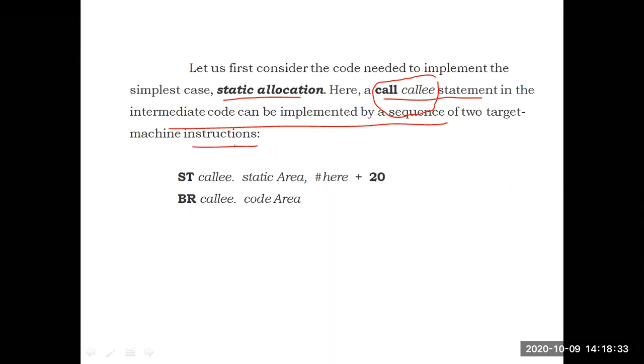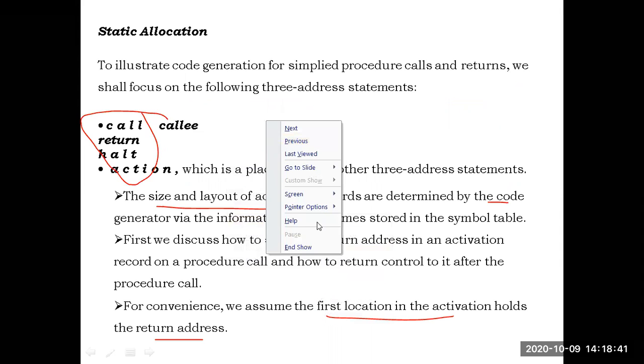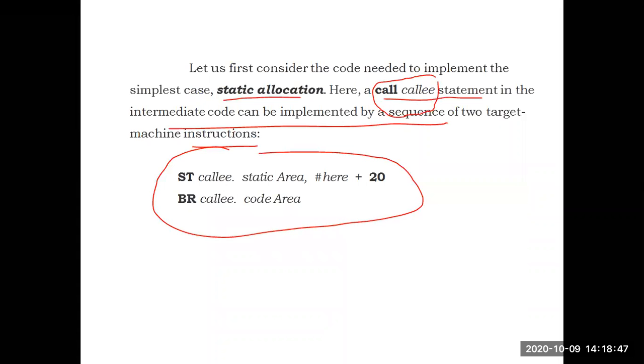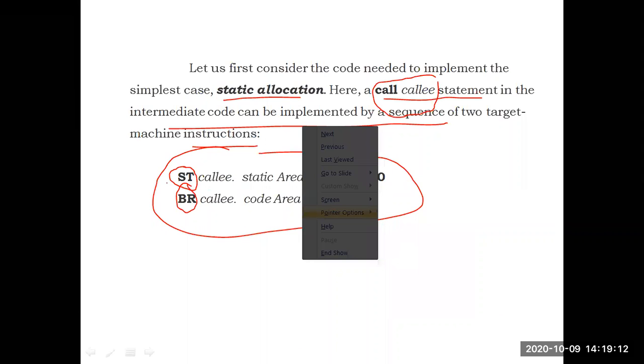In the intermediate code we have the statement call callee, and in the machine code it can be represented by two instructions, store and branch. We can implement that using two statements.